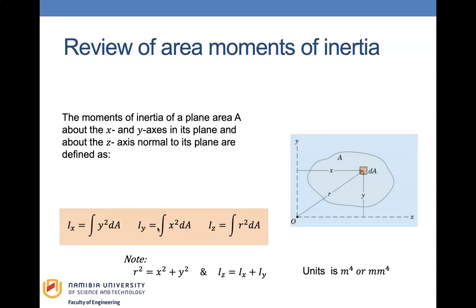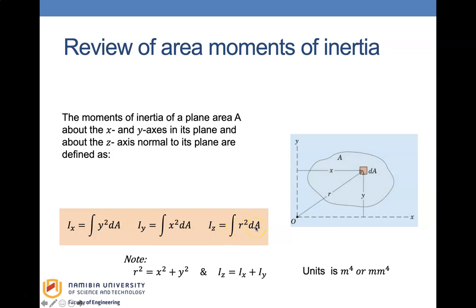The moments of inertia of a plane area, say area A, about the x and y axes in its plane and about the z axis normal to the plane, are defined as Ix is the integral of y squared dA and Iy is the integral of x squared dA, while Iz is the integral of r squared dA.